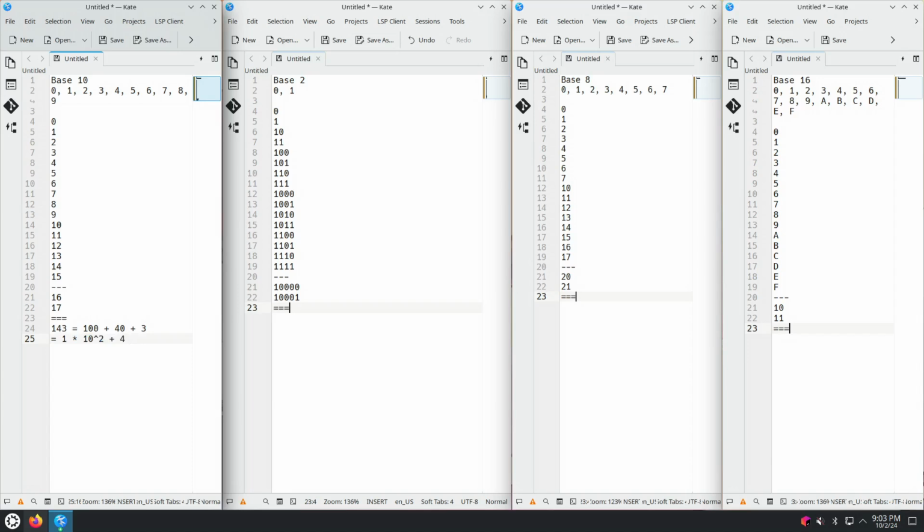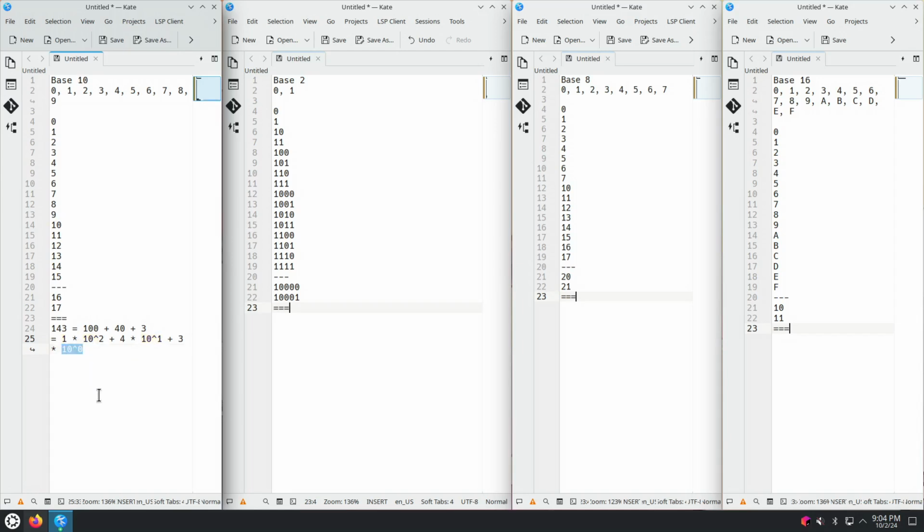Plus 4 multiplied with 10 at the power of 1, because it's on the second position. So second position gets 10 at the power of 1. And then there's 3, which is times 10 at the power of 0.